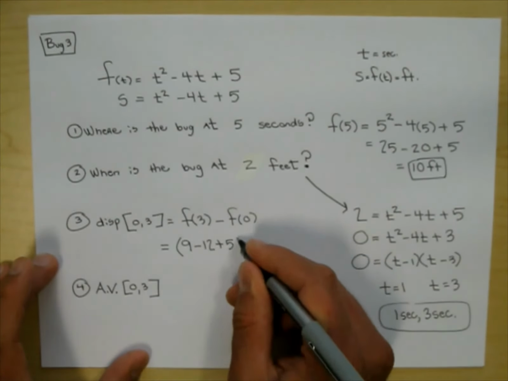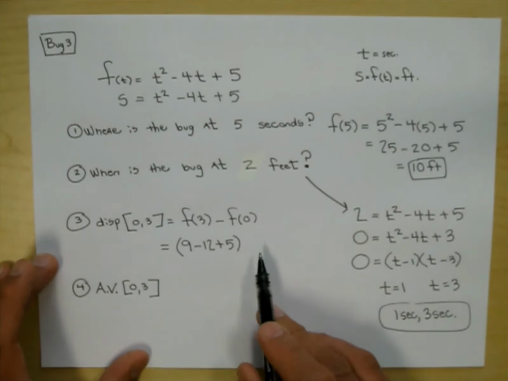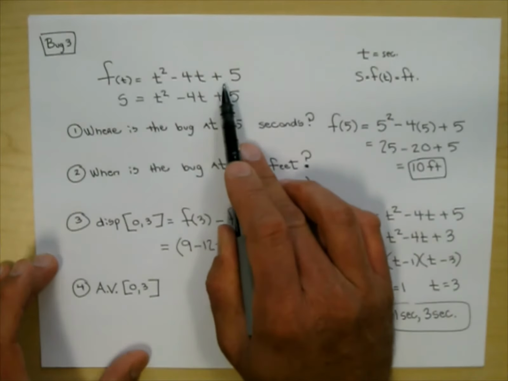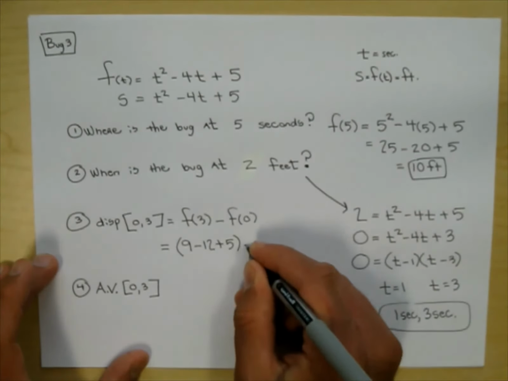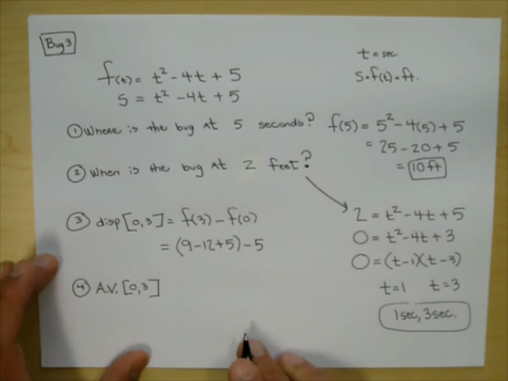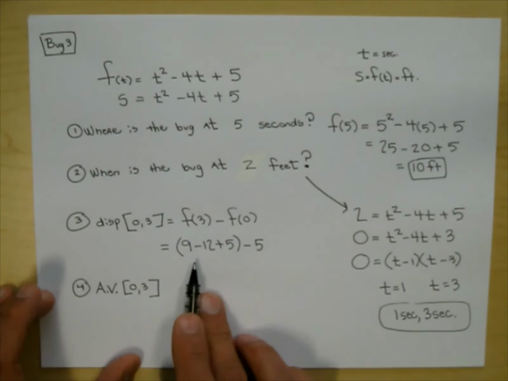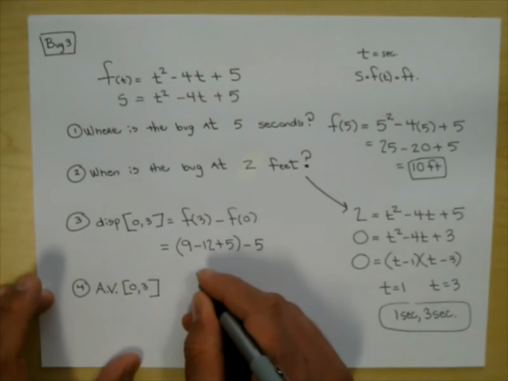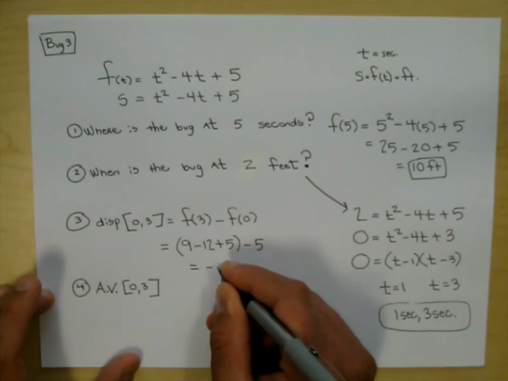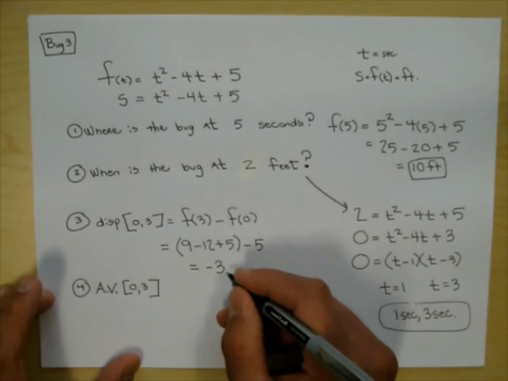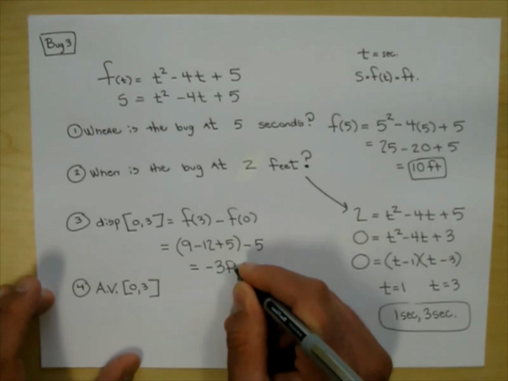Okay, so that's the first part. That's f of 3. And f of 0, well, that's pretty easy to do. It's just going to be 5. So looks like when you're done doing the arithmetic here, you end up getting negative 3. And since it's displacement, we're going to say negative 3 feet.